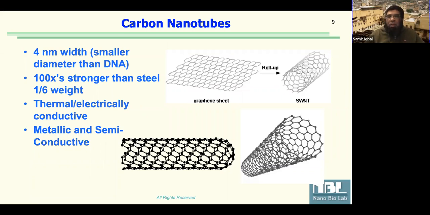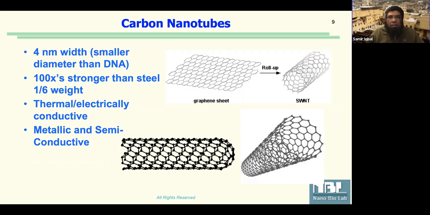They come in metallic, which would be conductive, and they come in semiconducting, which would not be conductive unless some doping or processing is done. And they are very good conductors of heat as well. Why is that important? Because there's possibility for us to make superconductors.